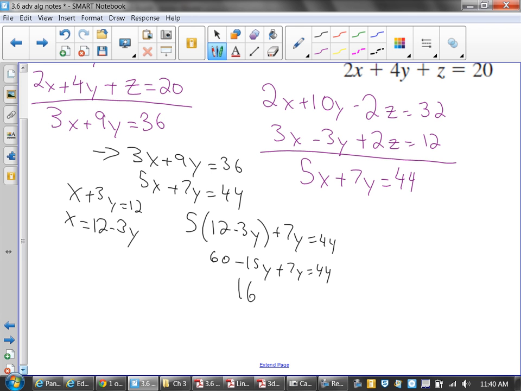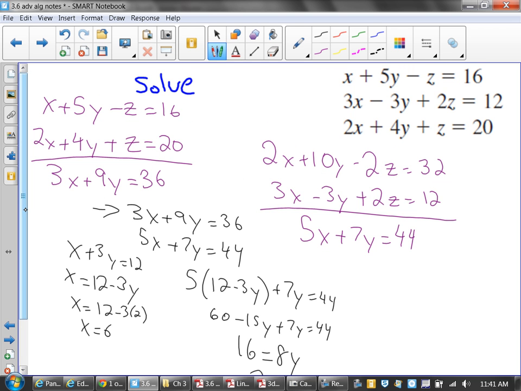I get 16 is 8y, and y is 2. And once again, I've already solved for the y. Now I know that x is going to be 12 minus 3 times 2, which is 6.